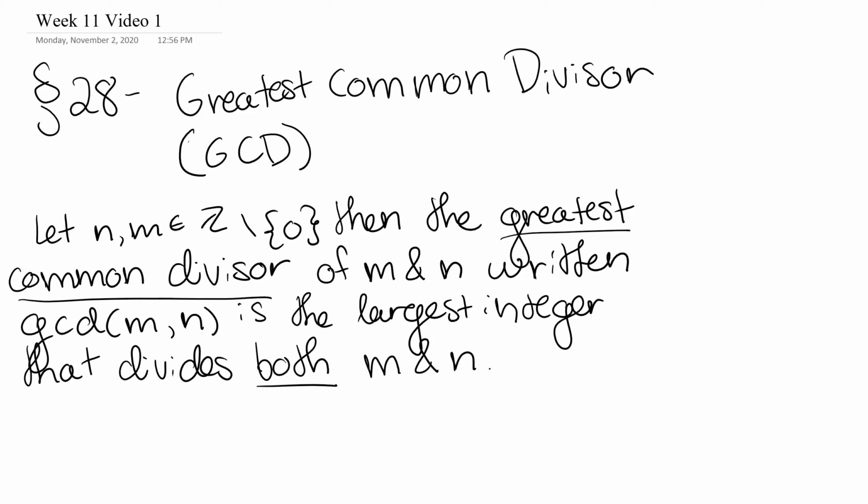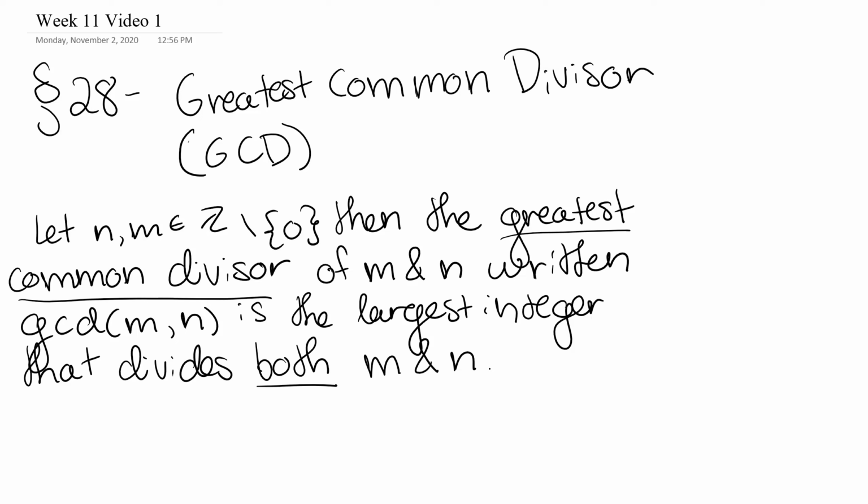We're on to section 28, greatest common divisor, or we often shorten it to GCD. So here's the definition of that. We're going to let there be two integers, n and m. Both of them are not allowed to be 0.